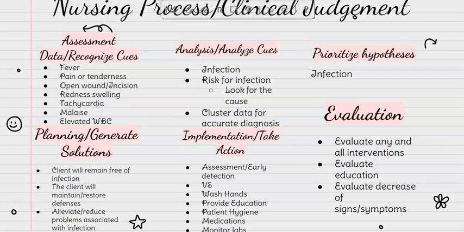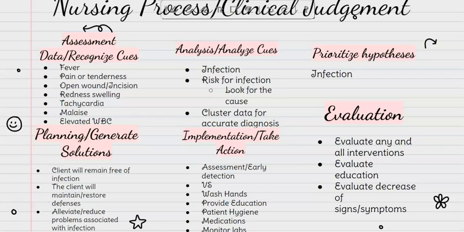Based on the information or the data you collect, you're going to analyze the cues, and based on that information, you can make an inference that your patient has an infection or they're at risk for an infection. Make sure you're clustering your data to properly analyze your priority problem. Next up is your priority hypotheses. And this one is infection.